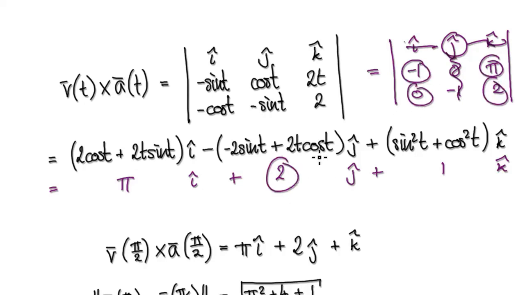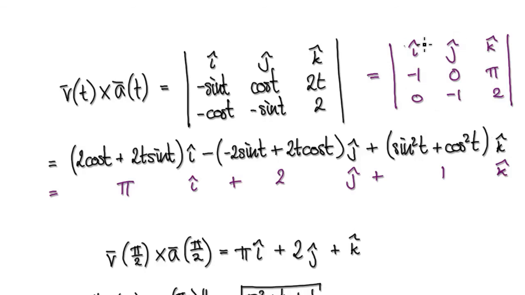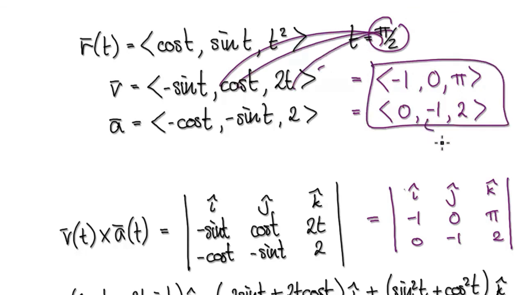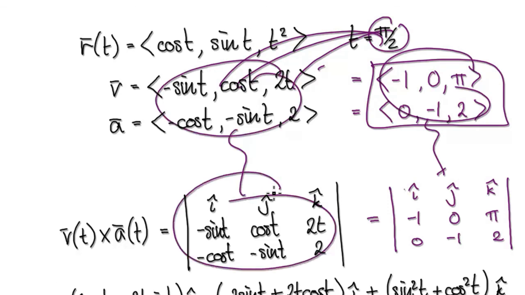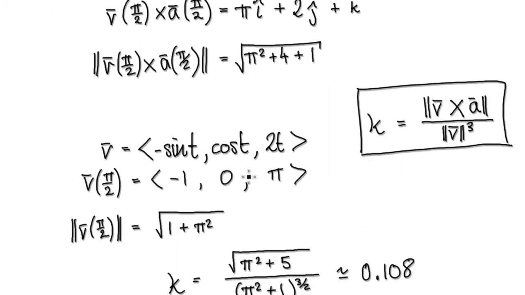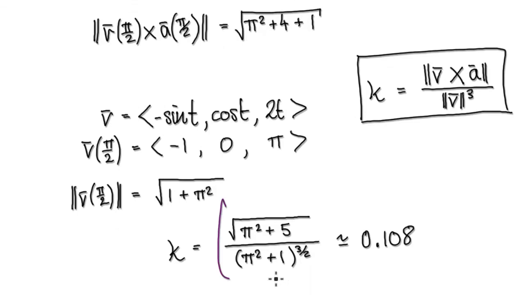That will then give you this, and so on. The point is that because you're evaluating at t equals pi over 2, put it into here straight away. So that will then give you these two. Work with these two rather than working with this. I wanted to show you what's really going on. Okay, so your final answer will be given by this.